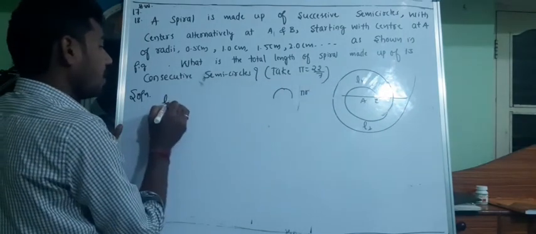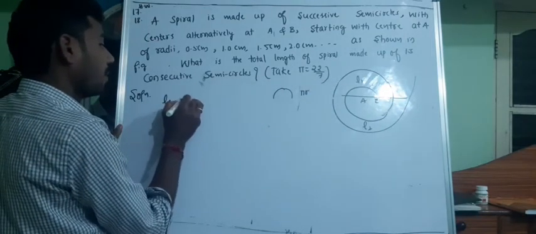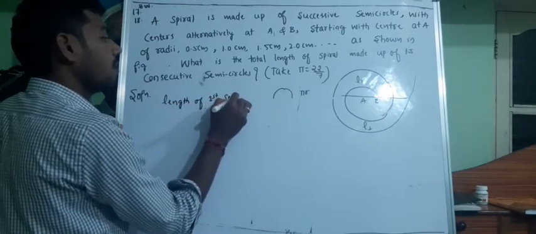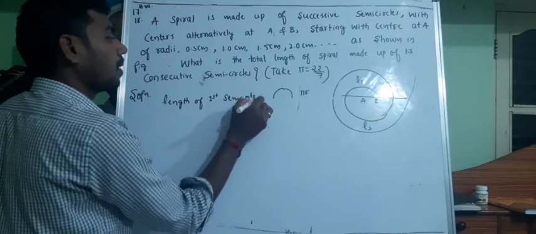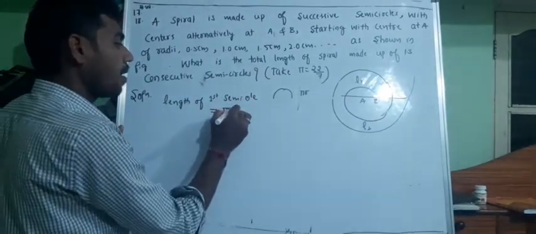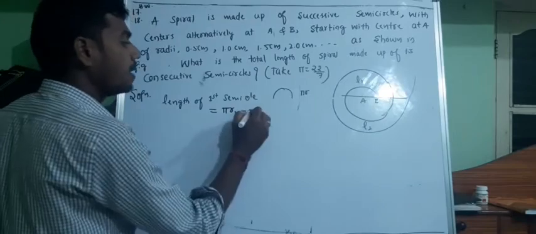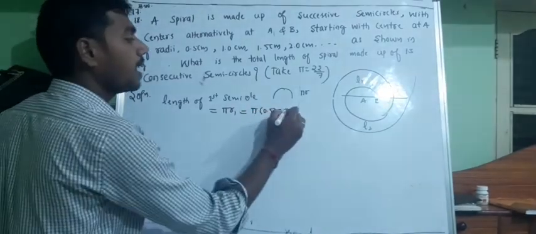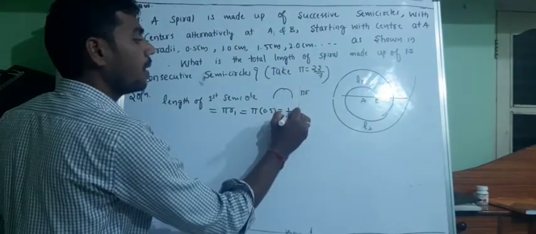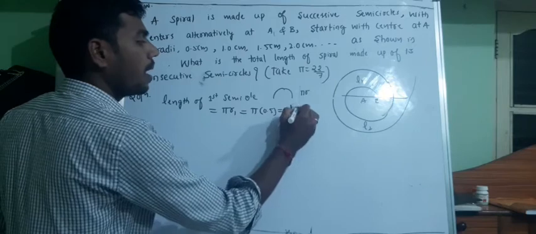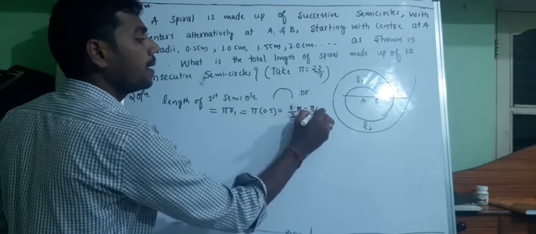The length of the first semicircle will be equal to pi r1. So pi r1 is pi into 0.5. This can be written as 1 by 2 pi, which is pi by 2.